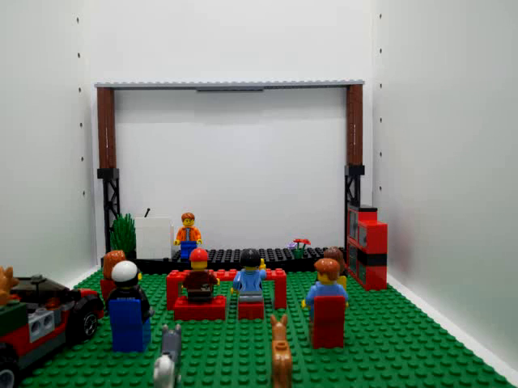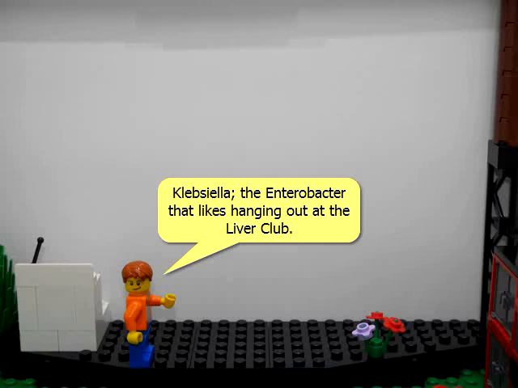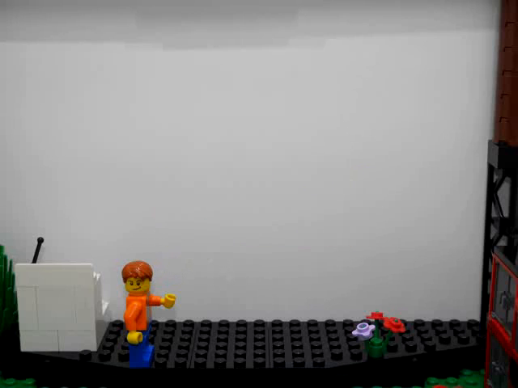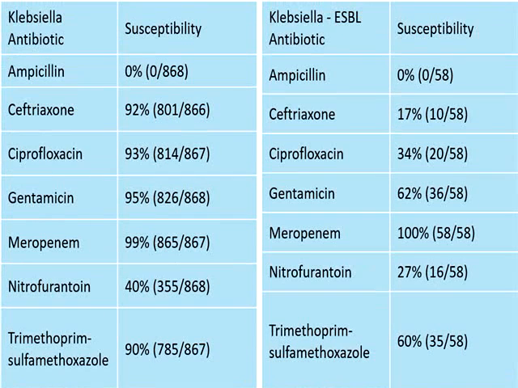Klebsiella is another of the gram-negative Enterobacter group, which has the ability to generate extended-spectrum beta-lactamases and become resistant to a wide variety of antibiotics. Again, as you can see, the changes in the antibiotic spectrum and sensitivities when an ESBL Klebsiella is present.